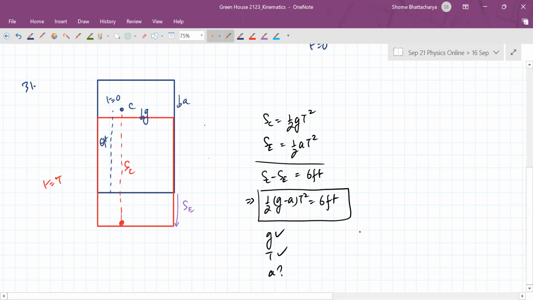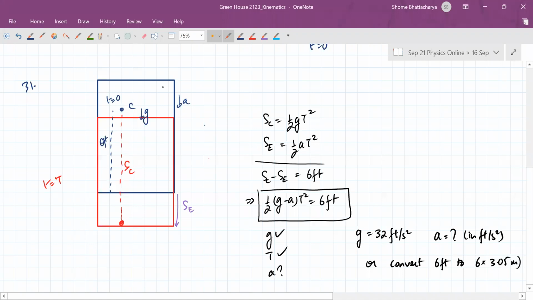You can substitute g in feet per second square, so you will get acceleration in feet per second square, or convert 6 feet to meters, that is 6 into 0.305 meters, and g as 9.8 meters per second square.